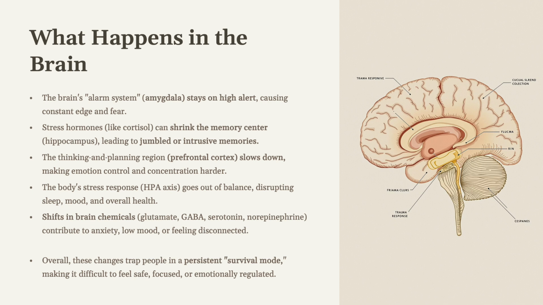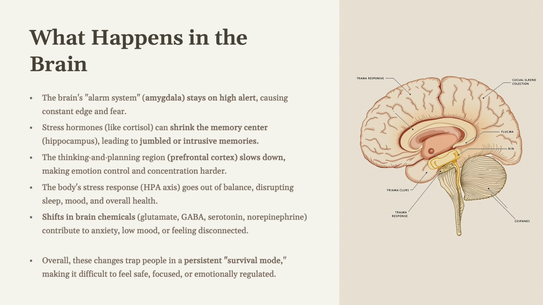The thinking and planning part of the brain is the prefrontal cortex, and just for reference, the hippocampus is also located in the center. Where's your prefrontal cortex? That's the front part of your brain, and that's responsible for rational thought, for slower processing of things.